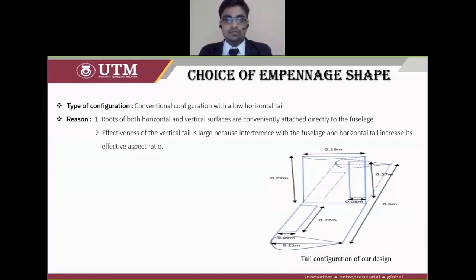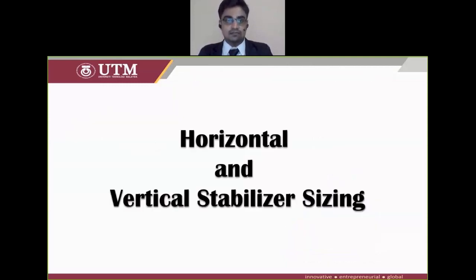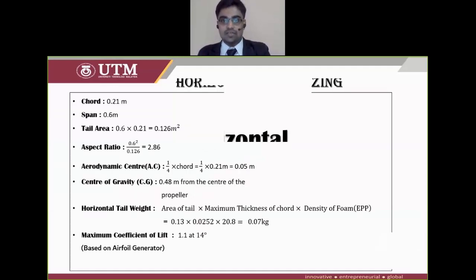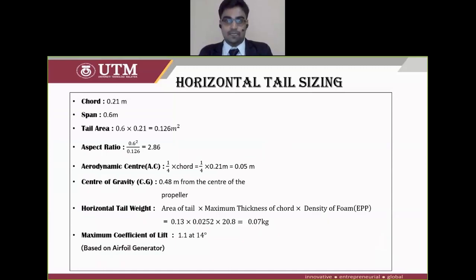Once the proper shape was chosen, I proceeded with detailed research on the sizing of the horizontal and vertical tail. To do so, the following parameters, displayed on the table, were chosen. The values of each parameter are set based on research on previous aircraft designs currently in use.